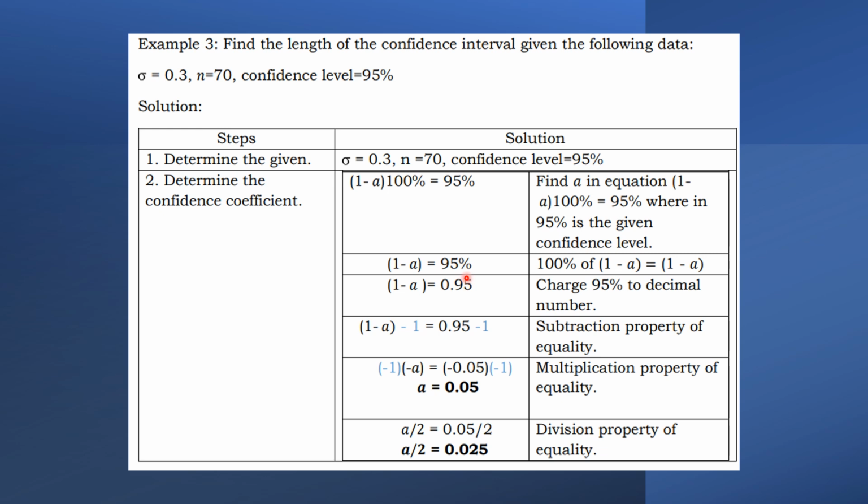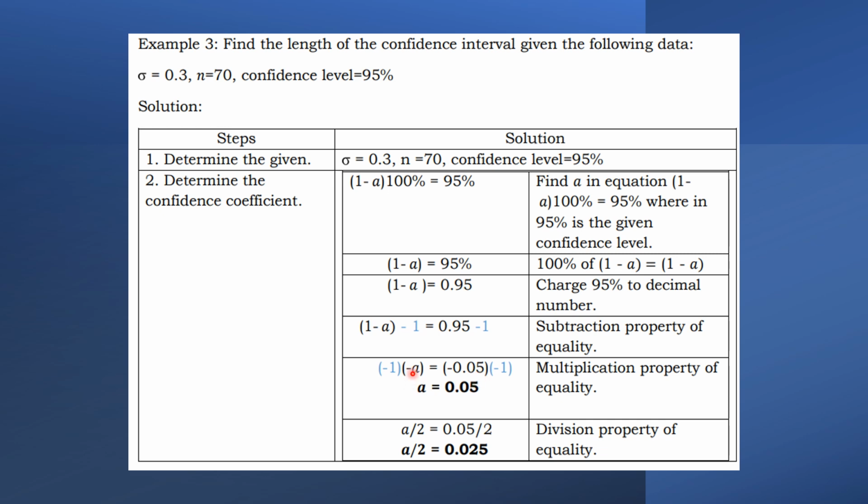Then we convert 95% to its decimal form, that is equal to 0.95. Okay, and then by using the subtraction property of equality, we have to subtract 1 on both sides. So minus 1, then minus 1. So 1 minus 1, that is 0. So we have the remaining negative alpha. Then 0.95 minus 1, that is equal to negative 0.05.